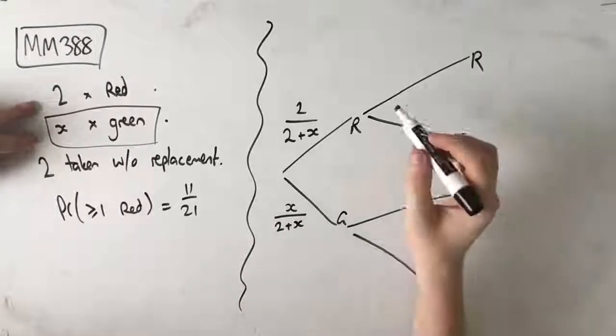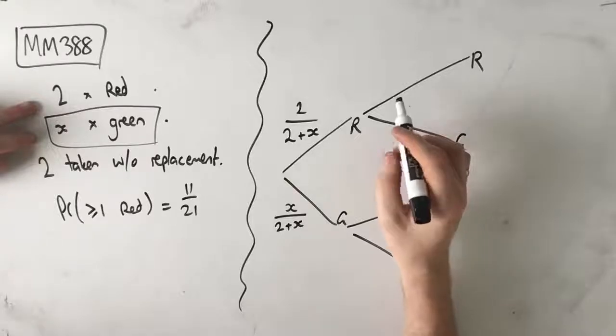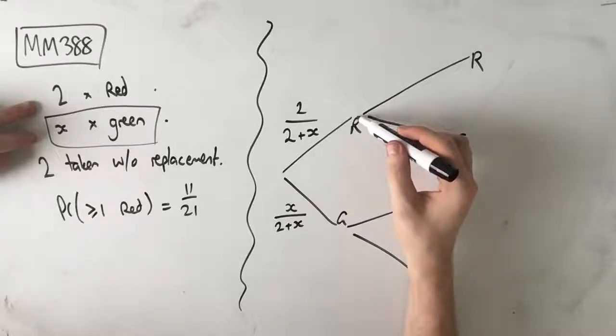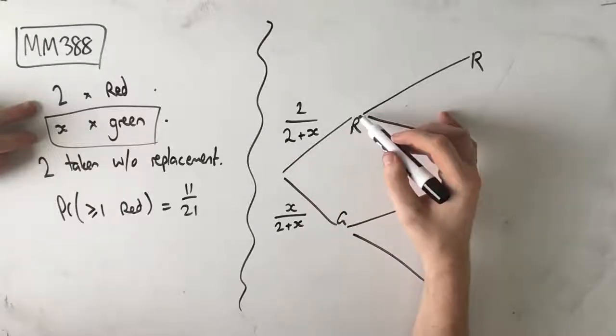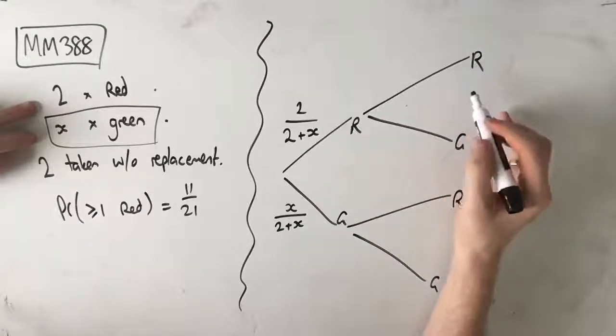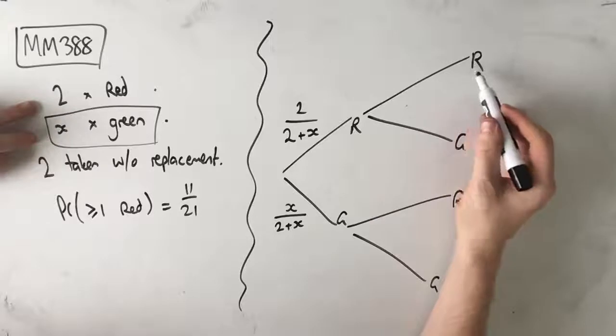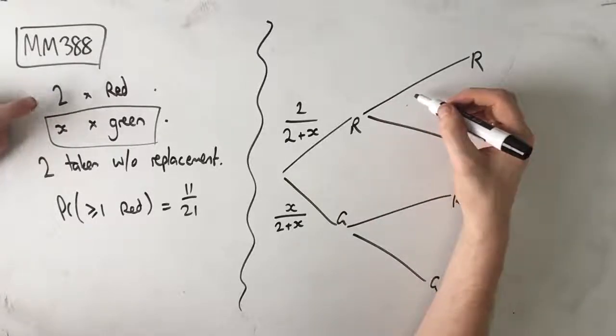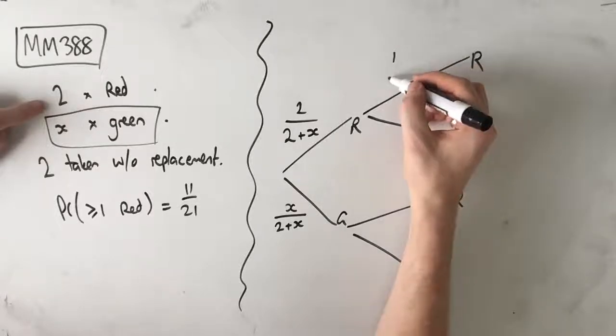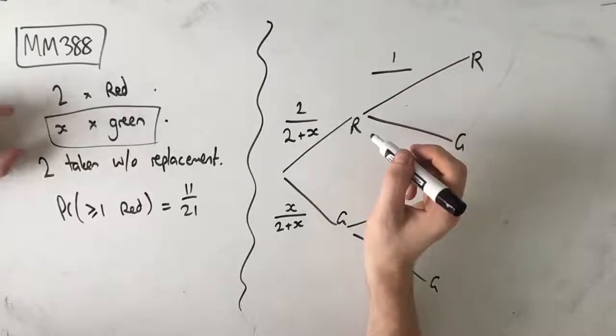Awesome. Now is where it gets even a little bit more tricky, okay? So here, we've already taken out a red, and we're looking for the probability that we take out another red, right? Which means there's 1 red left, so we have 1 over the total number of bracelets.